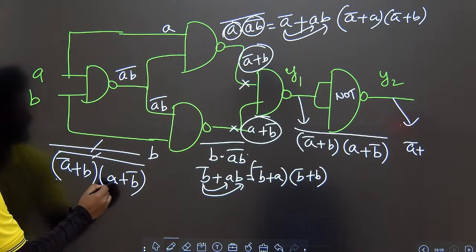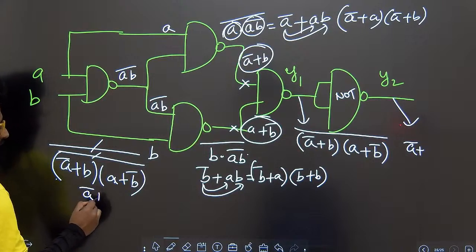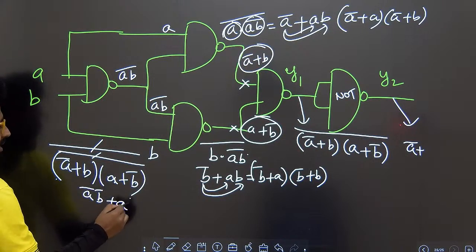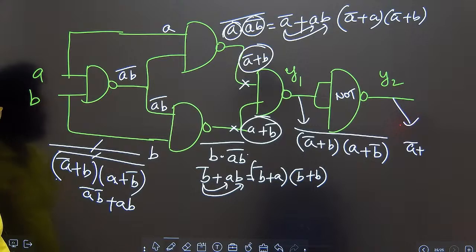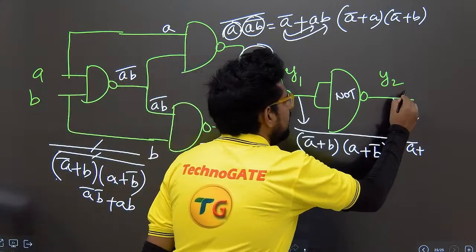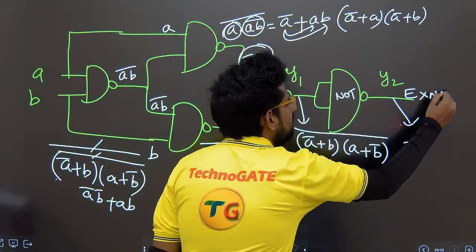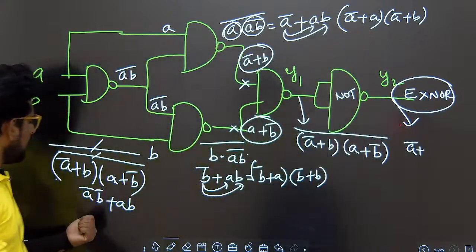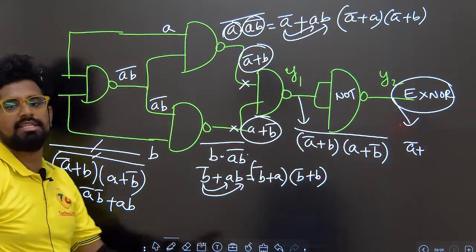A bar into A is 0. A bar into B bar is A bar B bar, A into B is AB, B into B bar is 0. So here we are getting the XNOR gate, which is A bar B bar plus AB, known as XNOR gate.